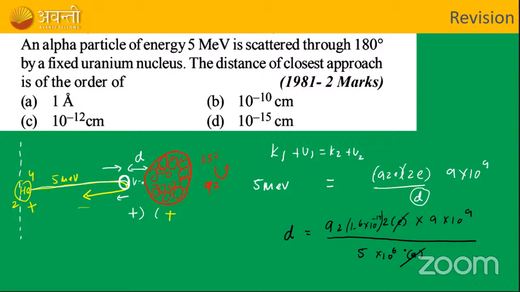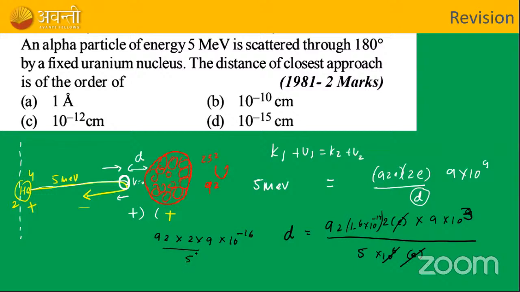What can I cancel? So 10 to the power of 6 here I'll cancel, and I'll cancel 10 to the power of 6 here. I will be left with only 10 to the power of 3. Okay, sorted. So what I've left is 92 into 2 into 9 into 10 to the power of minus 16 divided by 5.